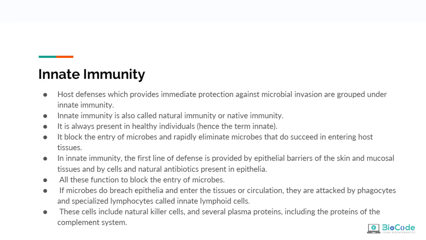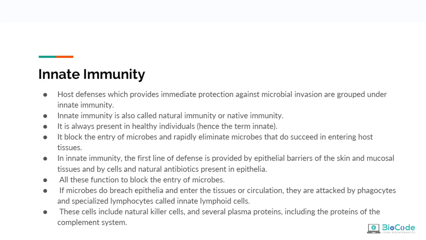In innate immunity, the first line of defense is provided by the epithelial barrier of the skin and mucosal tissues, and by the cells and natural antibiotics present in epithelia. All these function to block the entry of microbes. Our skin helps in blocking microbes from entering our body with the help of its epithelial barrier and the antibiotics that are produced in epithelia.